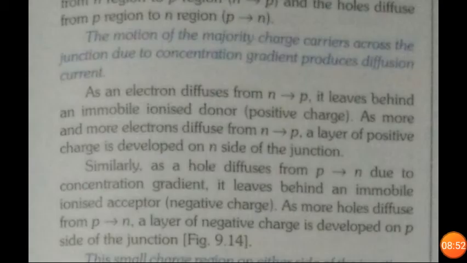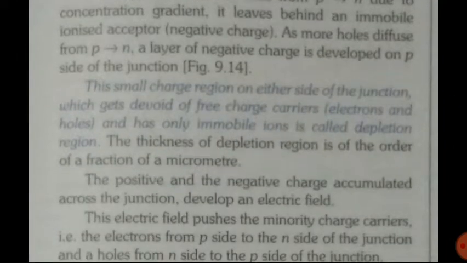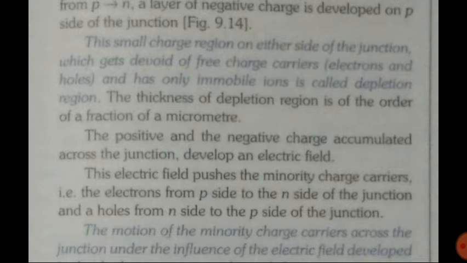Here you can see the motion of the majority charge carriers across the junction due to concentration gradient produces diffusion current. That was the first process. Second, the small region on either side of the junction which gets devoid of free charge carriers and has only immobile ions is called the depletion region, which I have explained.